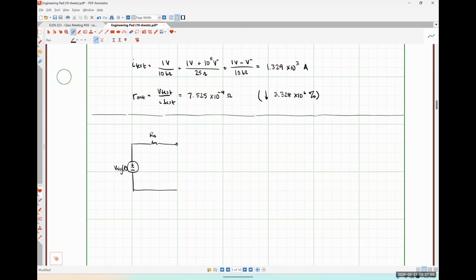And this practical voltage source network was applied across the terminals of a black box amplifier. And then we went and we figured out that that black box amplifier could be represented by the practical amplifier circuit, right? Where we have our input resistance here, Rn. This is the input voltage of the amplifier block.